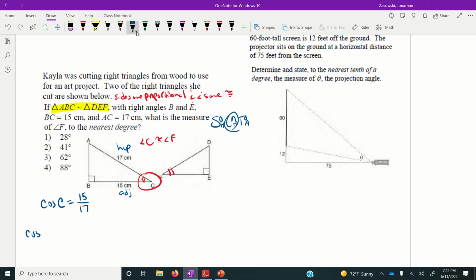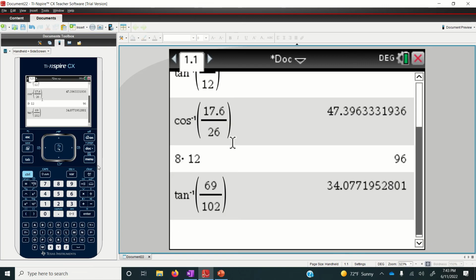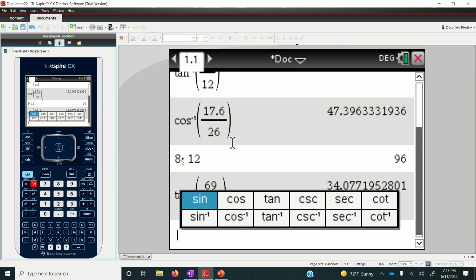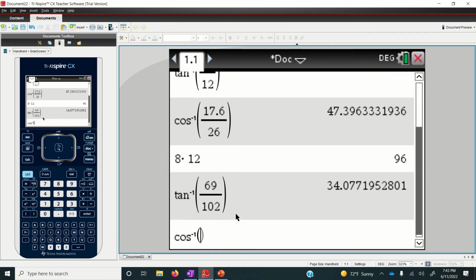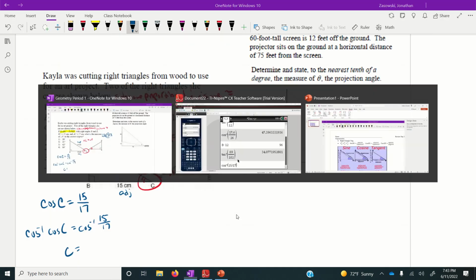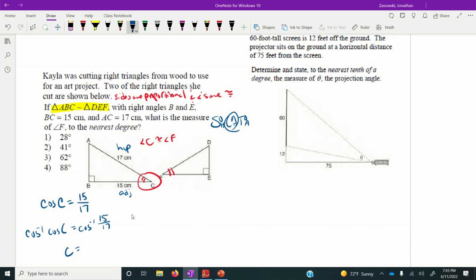And then we're doing the cosine inverse of cosine C is equal to the cosine inverse of 15 over 17. And then C is going to equal, we're going to go ahead and do once again trig, cosine inverse 15 over 17, hit enter. And we'll have our answer here, which is 34 degrees.